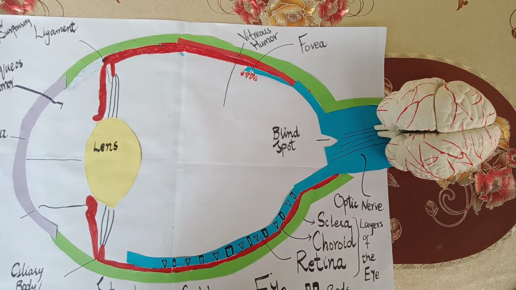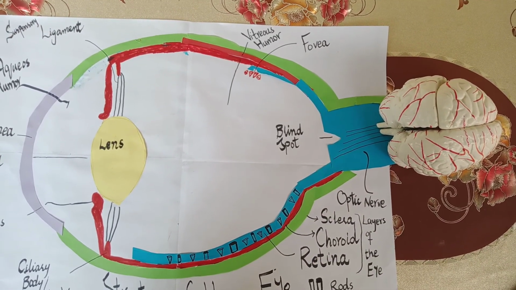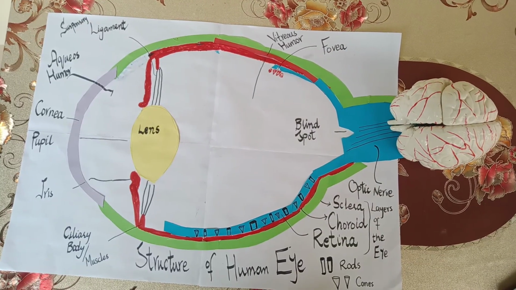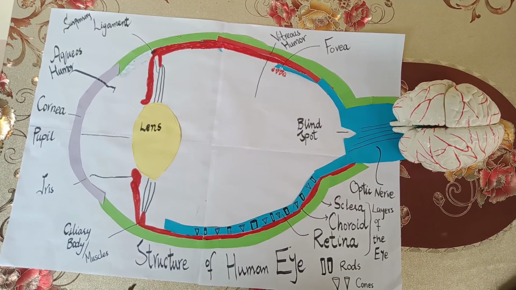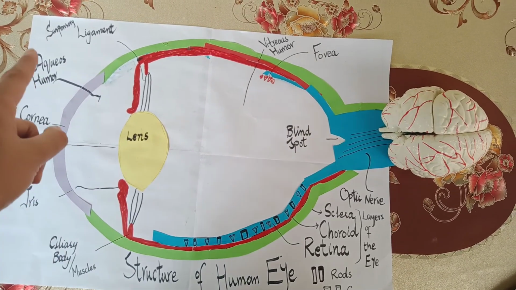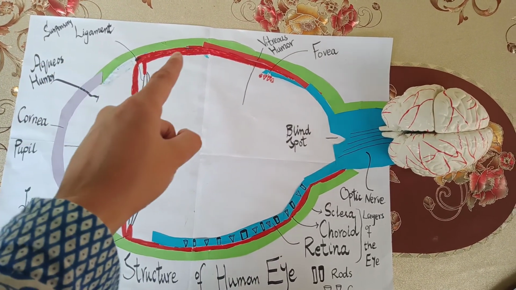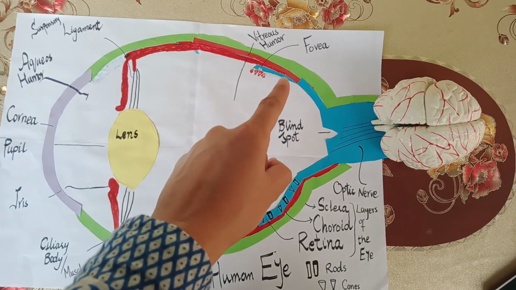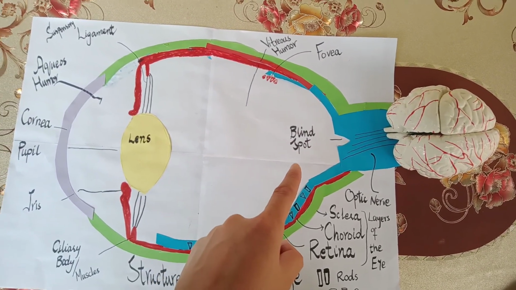So we are able to see the image. There were also the iris, ciliary body or muscles, suspensory ligament, vitreous humor, fovea, and blind spot.